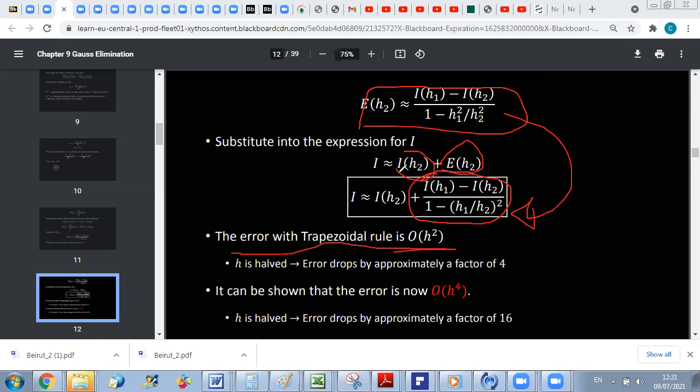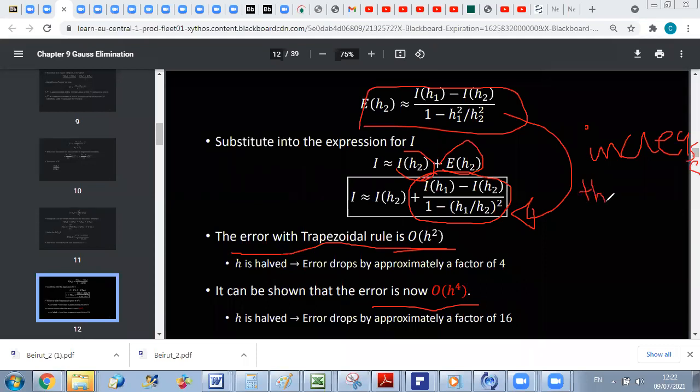When we do this combination, this Richardson method, we end up with an error of order 4. So by doing this method, we were able to increase the order of accuracy by 2, which is very good.